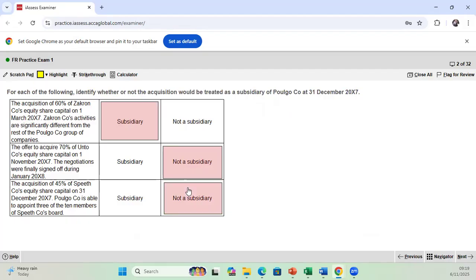Yes, it's not. Number one, control is less than 50%. Number two, even the appointing power is 3 out of 10, it's 30%. So that one is an associate, not a subsidiary.